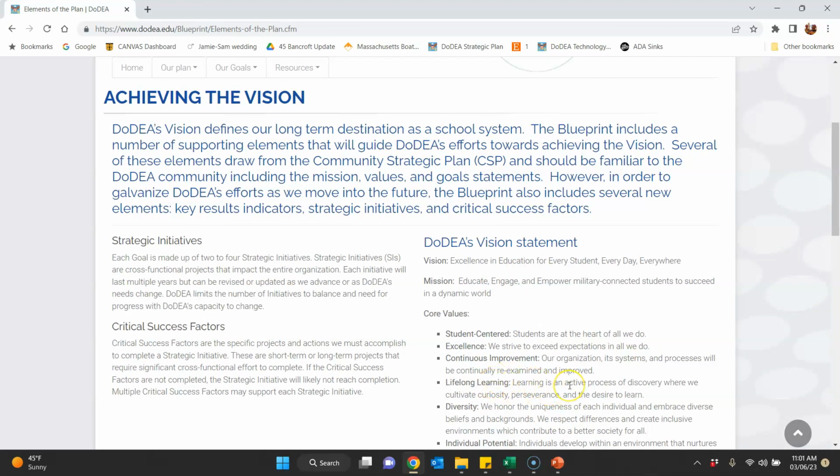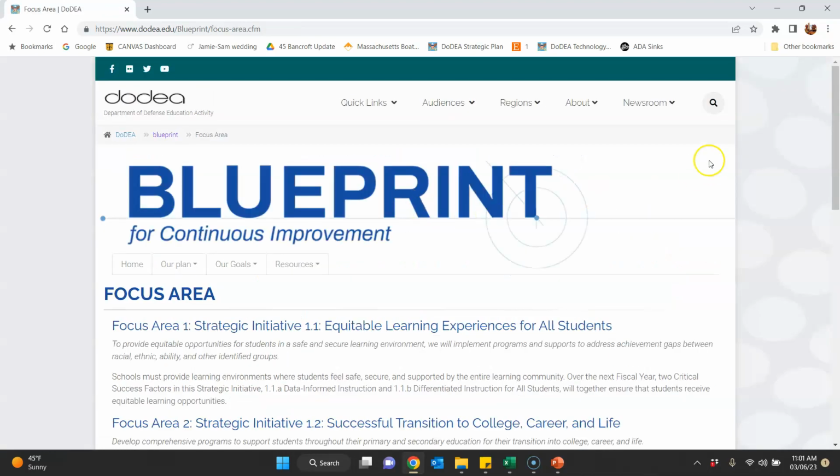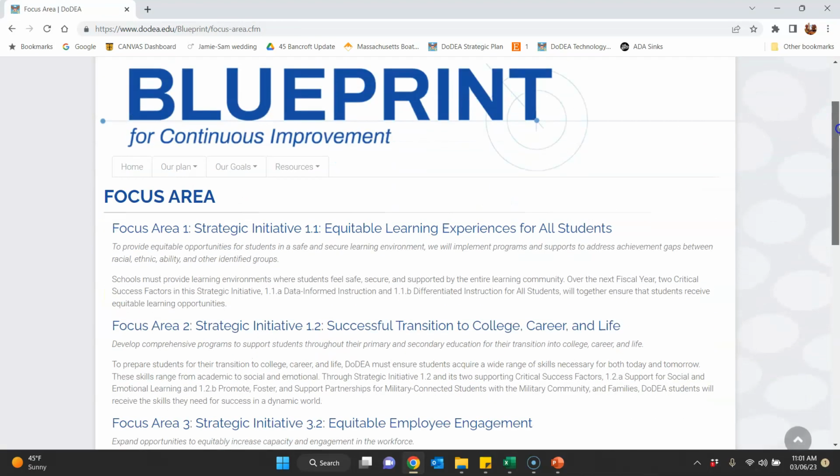These tell what the driving forces are for all of the decisions that were made in this, and then critical success factors. You're going to find, as we look through the goals, that each one has strategic initiatives and critical success factors. The other thing that we're going to look at here are the focus areas, and sometimes you find these in a plan and sometimes you don't.